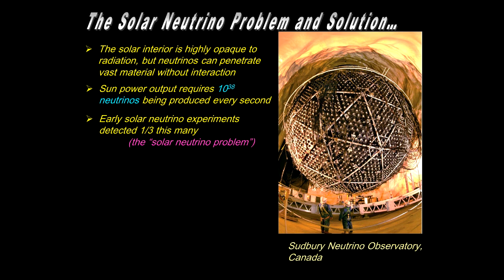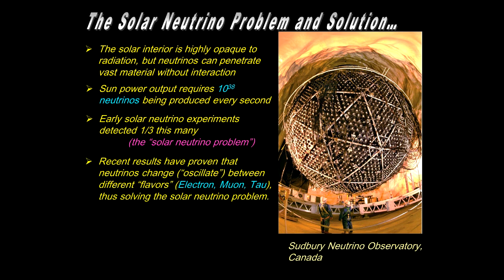But subsequently, the experiments and theory have gotten a little more sophisticated, and it's been realized that these electron neutrinos that are produced in the sun can actually oscillate between the other two potential flavors called muon and tau neutrinos, and they have been detected. The solar neutrino problem has been solved. We actually do have, by direct experimental evidence, the number of neutrinos that we would expect, and therefore that confirms that hydrogen fusion is the name of the game inside our sun.